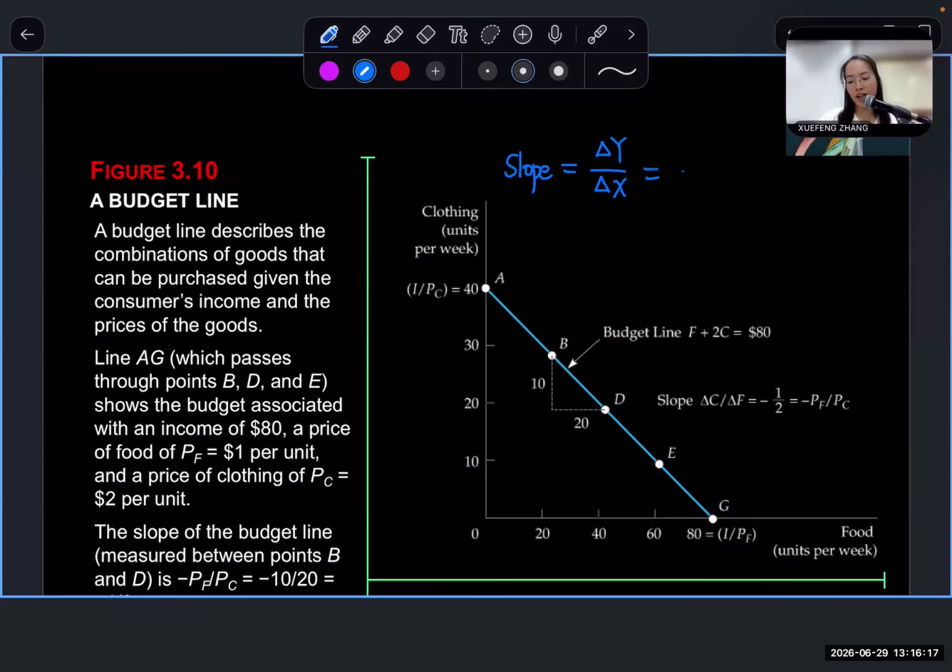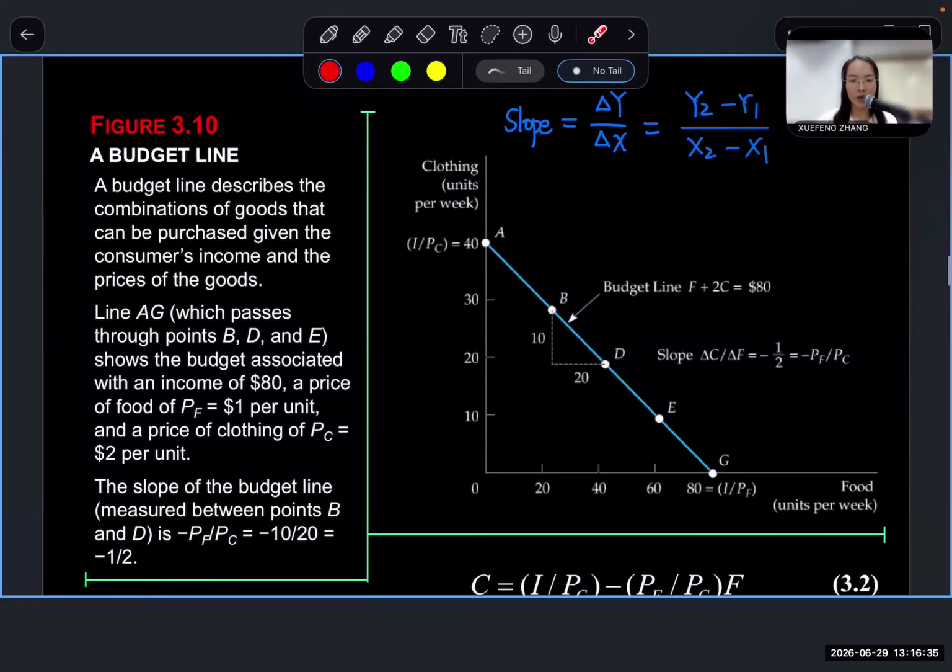So basically, if you get the points of X and Y, you use Y2 minus Y1 over X2 minus X1, right? The numerator is the change in Y. The denominator is the change in X.